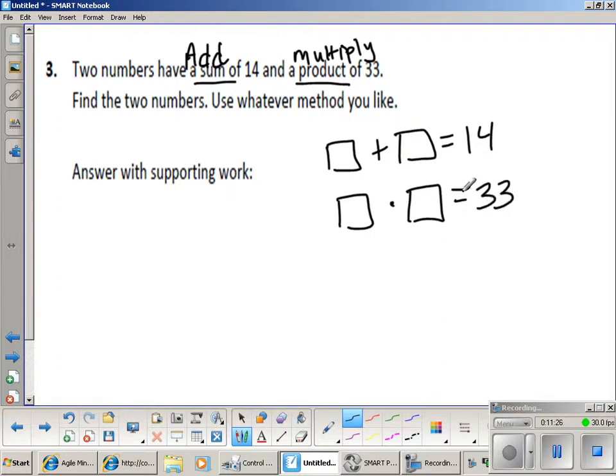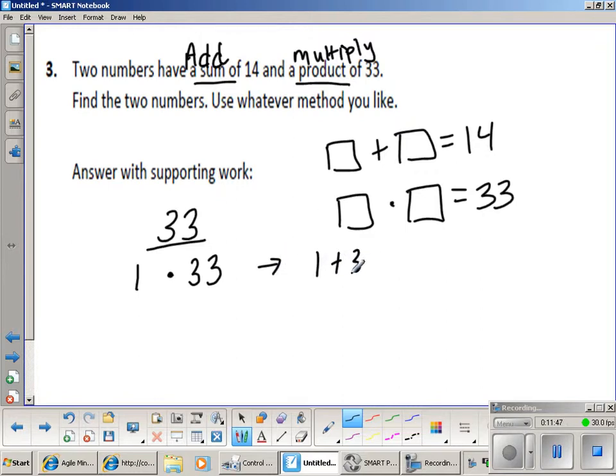So I'm going to start making a list. I like an organized list. So let's say I start with 1. 1 times what would give me 33, guys? Yep, 33. Now, I'm also going to think in terms of, can I add 1 and 33 and get 14? Not a chance.